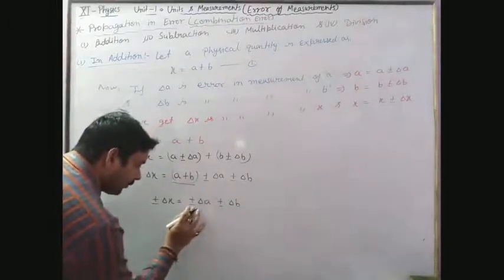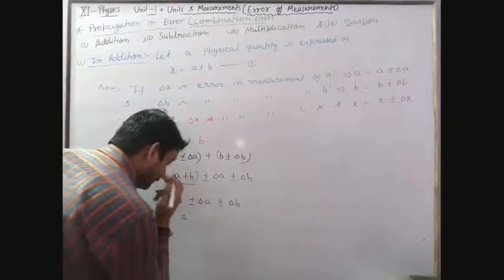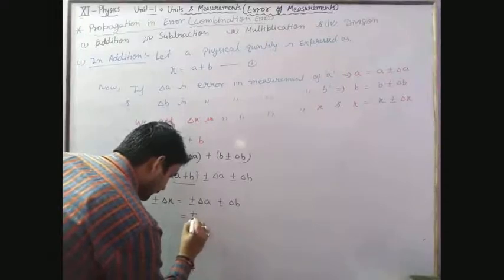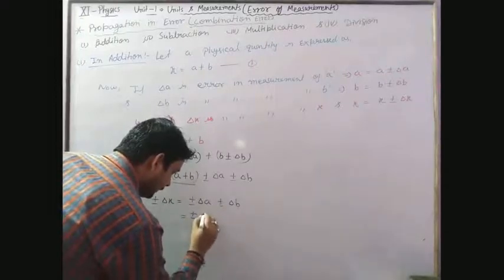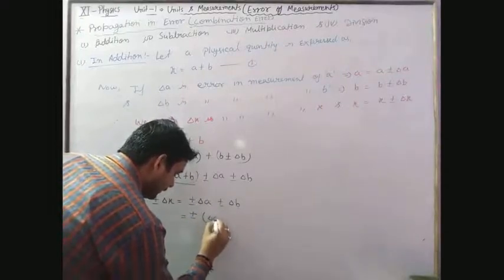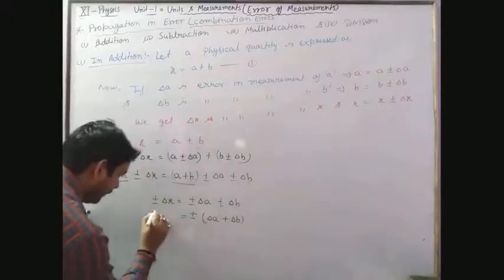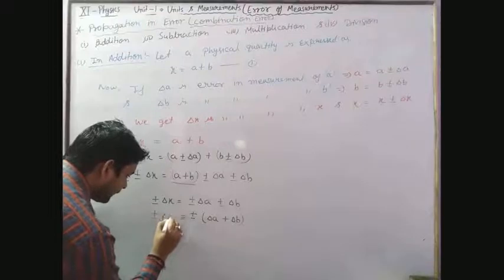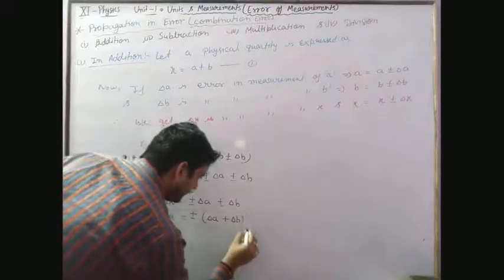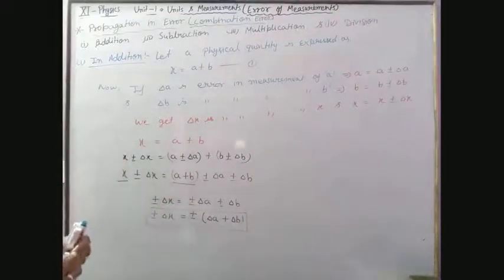Now we take out plus minus common from here, that we get del A plus del B equal to plus minus del X. So this is the error in addition.